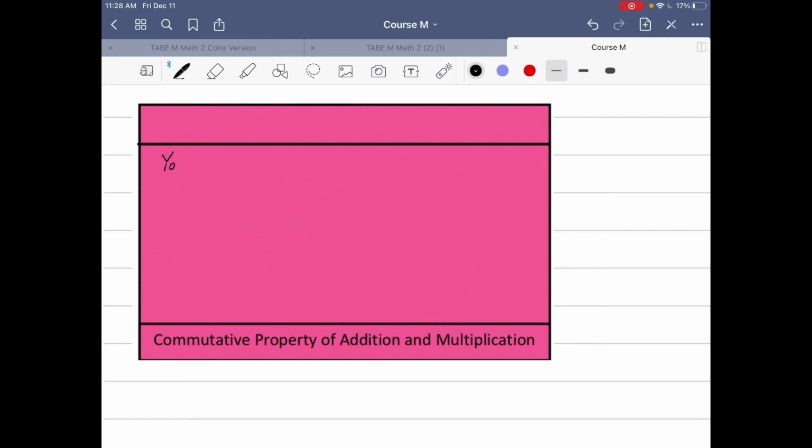You can change the order of add-ins and factors and still get the same result.